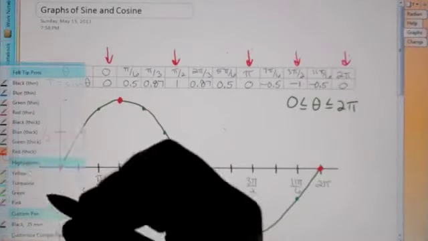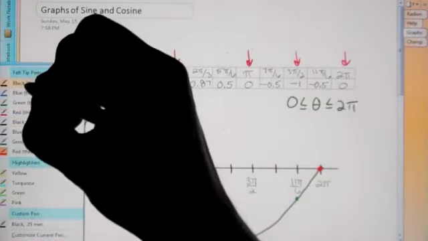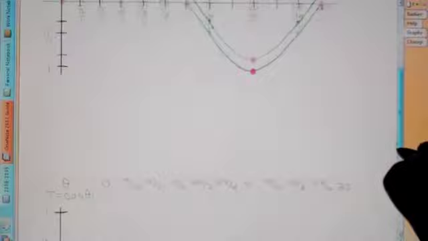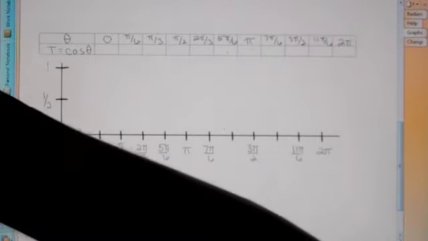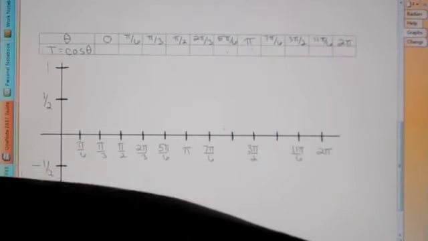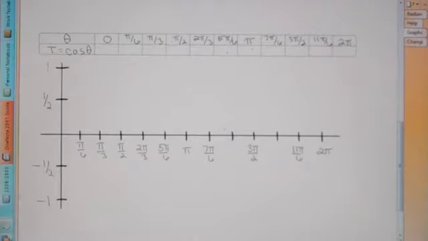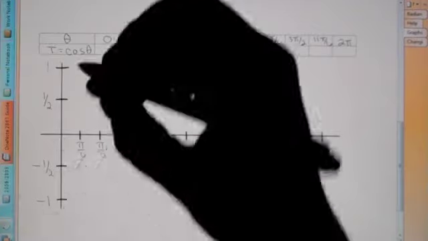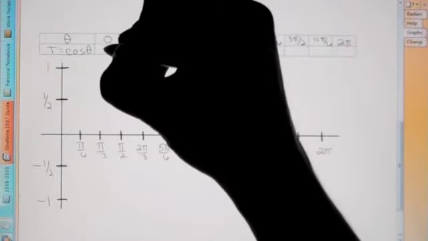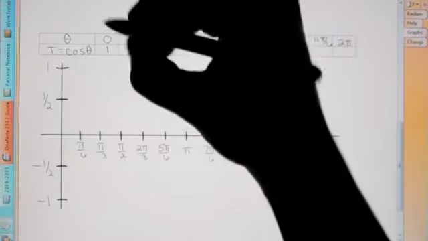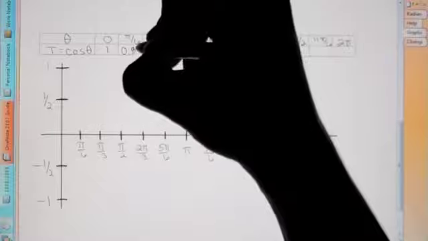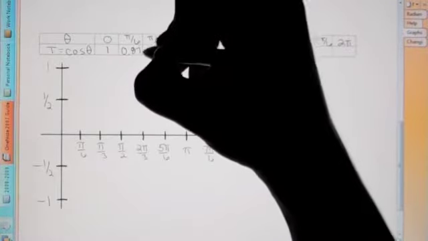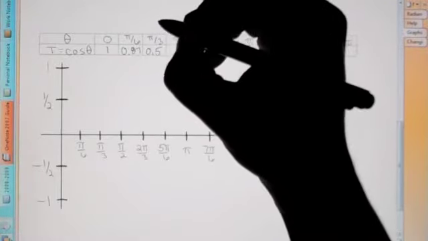Okay, so now let's move on. Let's do cosine. So now the graph of cosine. Cosine is going to be a little different here. We're going to start up. This is going to be at 1. If you were to plug that in your calculators, this is 0.87. This is 0.5.